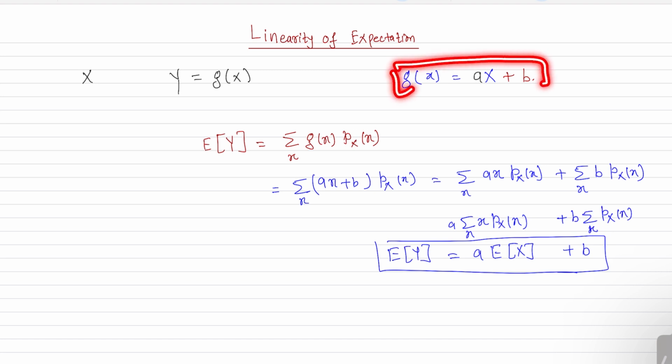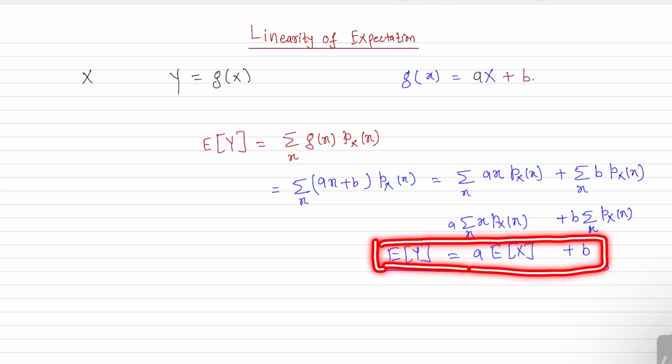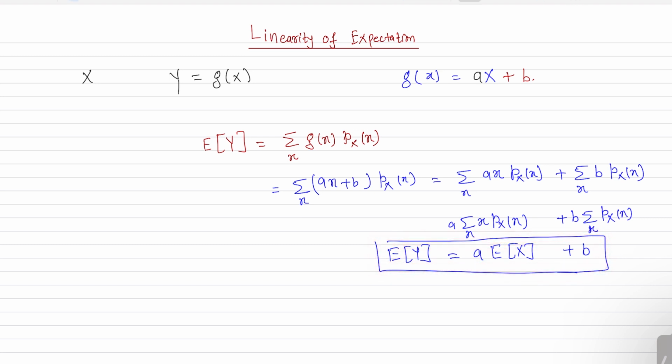If our function is linear, then the same effect will also be there on our expectation. So overall, for this particular kind of case where we have a random variable y that is a function of some other random variable x, and this function is linear, y is equal to g(x), both are the same thing.